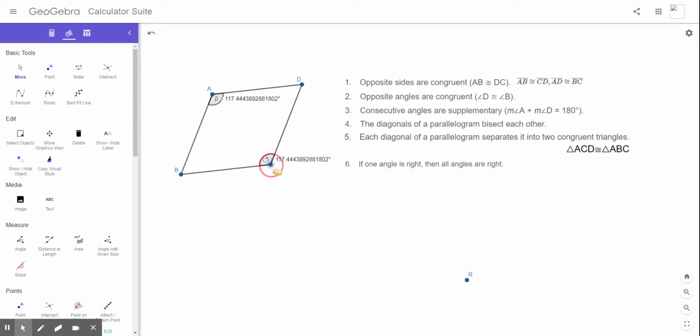They'll still be congruent. And then another thing is that they are consecutive, meaning one right after the other. Another word for that is adjacent. And they're supplementary, meaning that they add up to 180. So if I were to measure this, then I could say from C to B to A, that measures to be this.